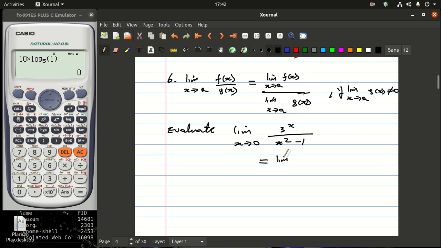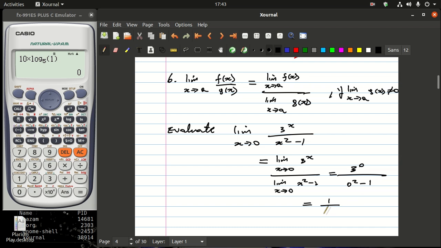which means this whole thing is just supposed to be equal to the limit as x approaches 0 of 3 to the power x all over the limit as x approaches 0 of x squared minus 1, which is equal to 3 to the power 0 over 0 squared minus 1, which is the same as just 1 in the numerator.